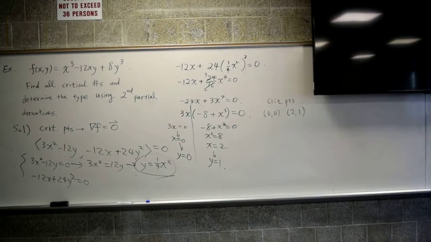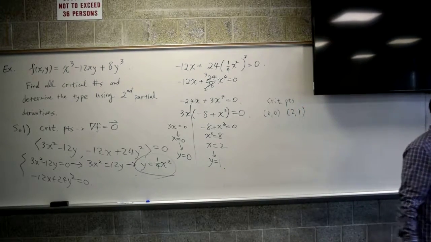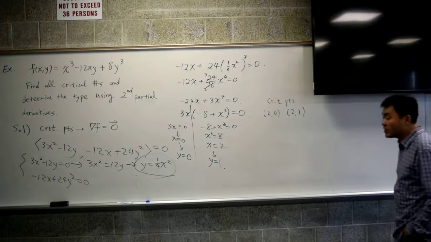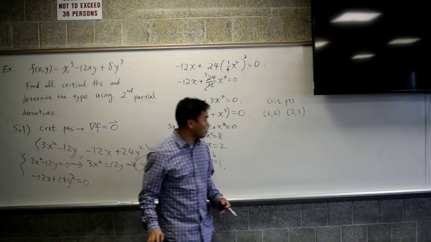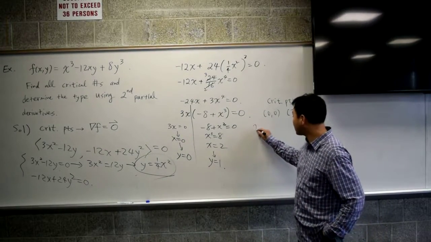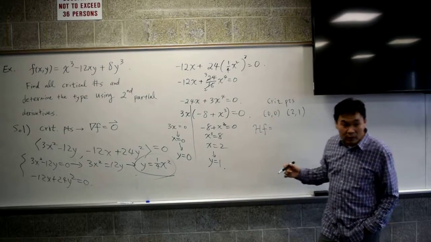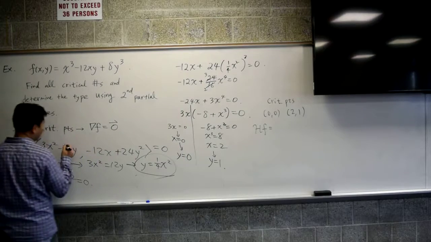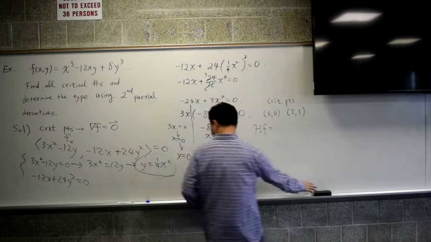And for each of these critical points, you have to figure out whether it's a relative max or relative min by using the second partials, by using the Hessian. So now let's come up with the Hessian of f. Well, we already have the first derivatives.